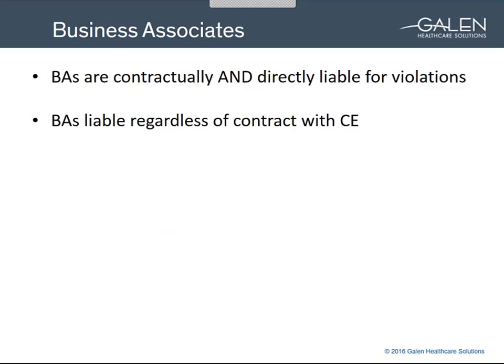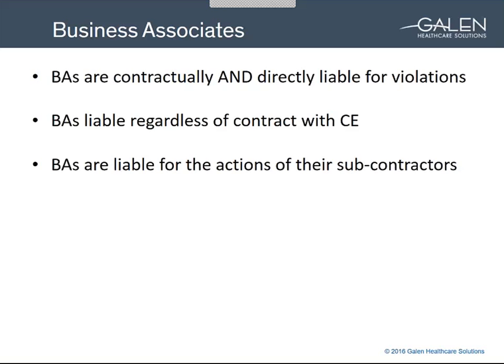So you could have a business associate that tries to indemnify themselves in their contract with a covered entity, saying that they're in no way liable for any breaches of protected health information. That can be ignored because the law is very clear about what responsibilities the business associate has with regards to the security and privacy rules. And so it does not matter what that contract outlines.